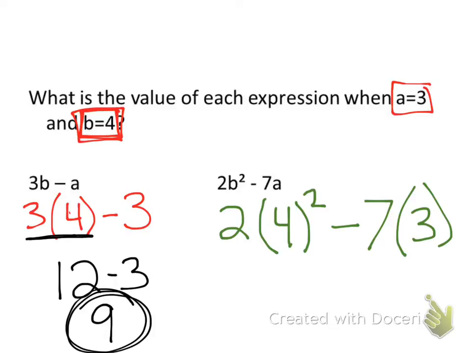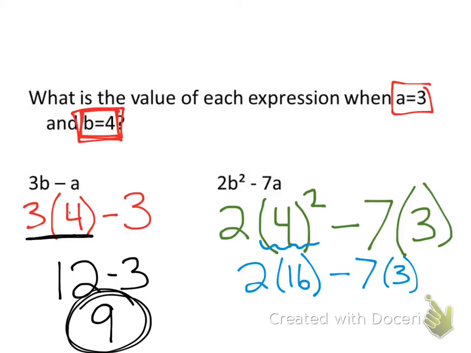Someone said 2 times 4. So we do multiplication before we do exponents? Oh, we got to do 4 times 4 first. What is 4 times 4? 16. So I have 2 times 16 minus 7 times 3. You can actually do all this multiplication at the same time, since working left to right, they don't interfere with each other.